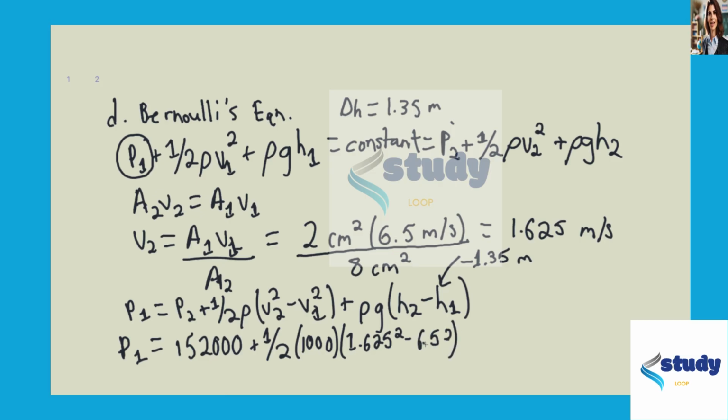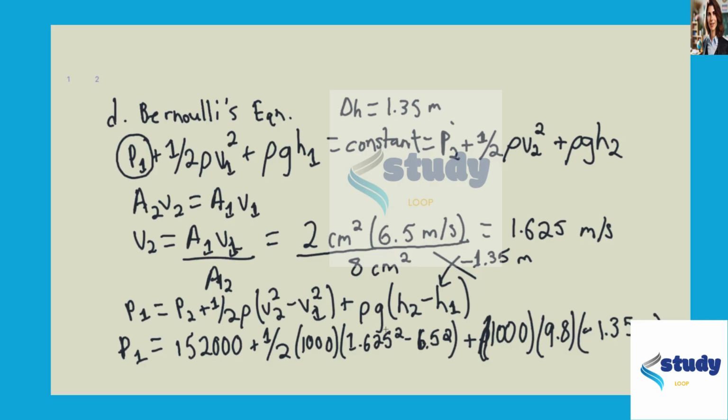So again, you can see here that this is going to result in a negative number. And then we have plus the 1,000 times the acceleration due to gravity. And then, of course, remember, it's going to be negative 1.35, I apologize, meters.